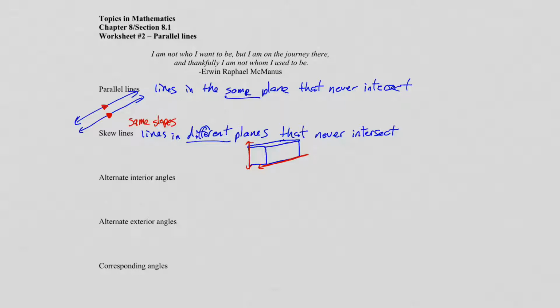So it looks like they intersect on this piece of paper, but if you look at the dimensions, since it's three-dimensional, those will not intersect. Okay, they will miss each other. All right, so that's just skew lines.